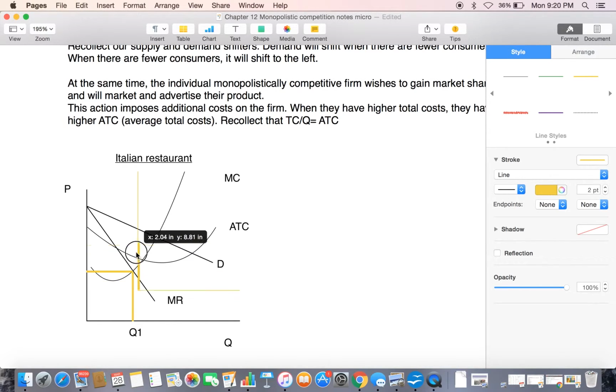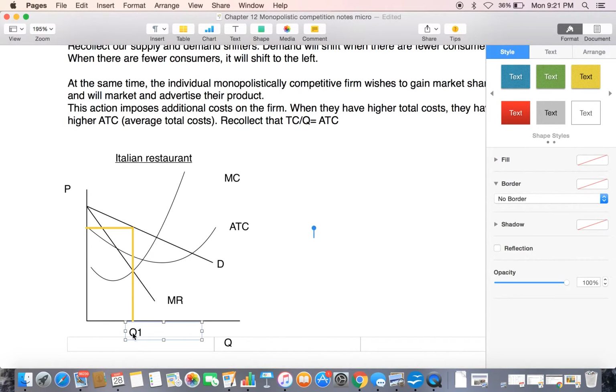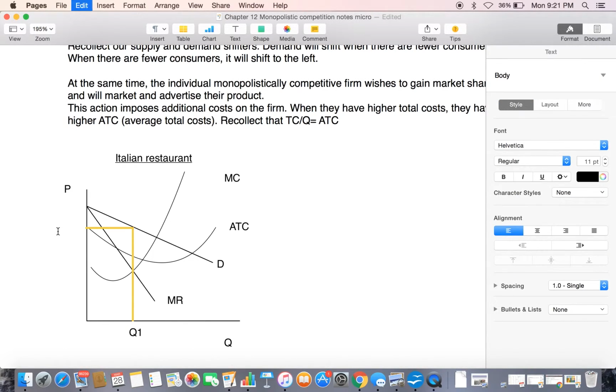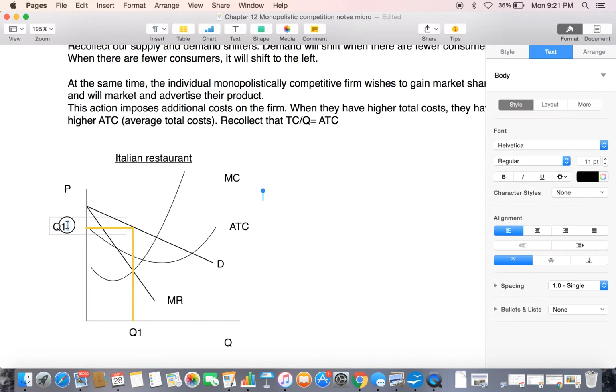Instead, we will see that the firm will price along its demand curve at the price that corresponds with the quantity demanded of Q1, which is where we're maximizing profit. So therefore, the price that this monopolistically competitive Italian restaurant would charge would be P1.